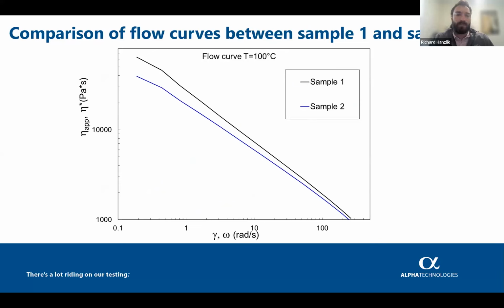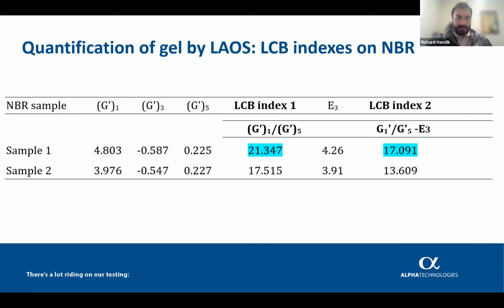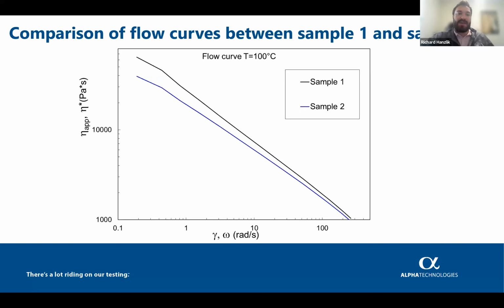And then lastly, we want to pull it all together to paint the main picture of this. So we did the flow curve looking at the viscosity response to shear rate in radians per second. So we know that sample 2 is going to have less branching, and we see that sample 2 is lower viscosity as we go through that shear rate.